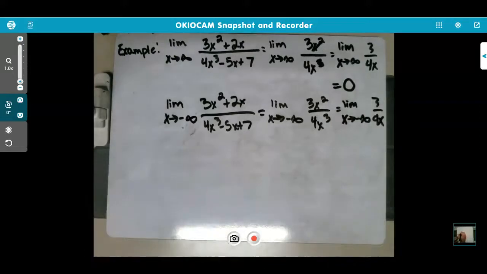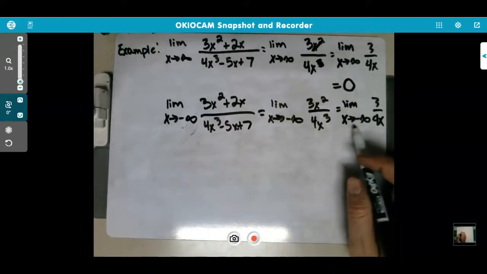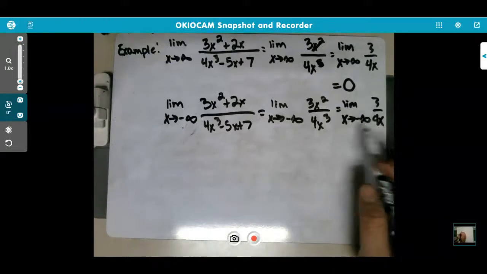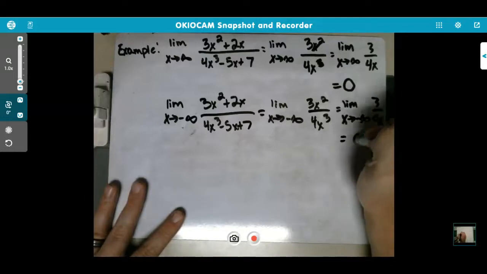The thought with this one is the same thing, okay? So even though this is negative, it's still going to get very big, right? So 3 over a number that's really big, doesn't matter what the sign is, it's still going to approach 0.